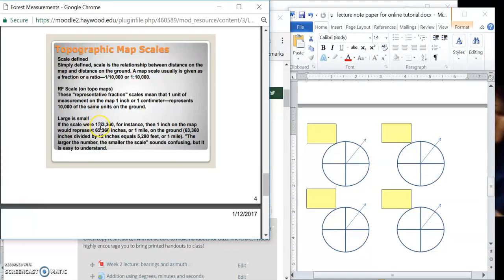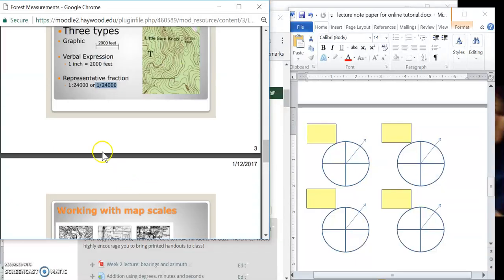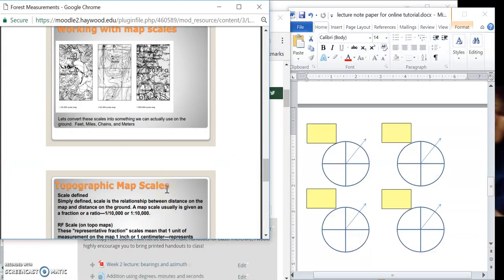If I turn that into a fraction, 1/63,360, and thought about it in terms of slices of pie, 1/63,000th of a slice of pie is a smaller slice of pie than a 1 to 24,000th slice of pie. Okay, a little hard to conceive of, but that's the case. Okay, 1/24,000th of a pie is a bigger piece of pie than a 1/63,000th of a pie.